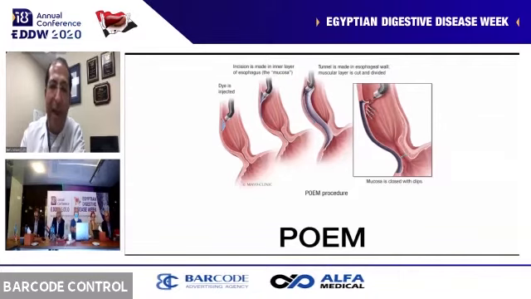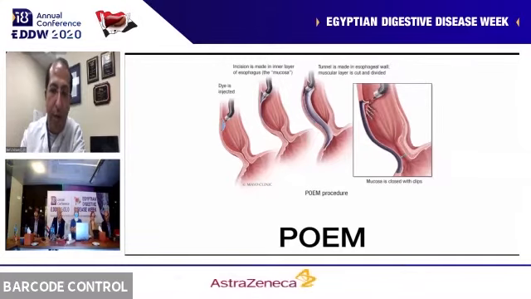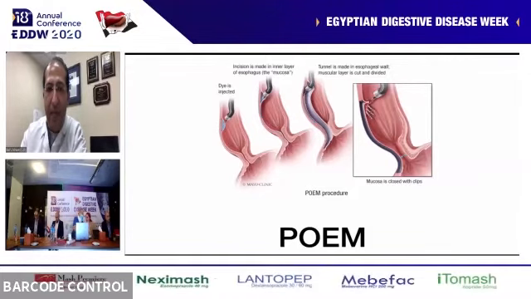So basically accessing the lower esophageal sphincter through the oral cavity. It starts, if you look at the picture all the way to the left, by creating a submucosal bleb or an entry point, and then dissecting through the wall of the esophagus. I'm going to show you multiple pictures and video on how we do that. And then performing the work in the lower esophageal sphincter and then closing.